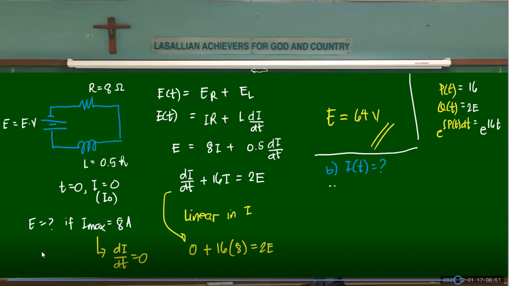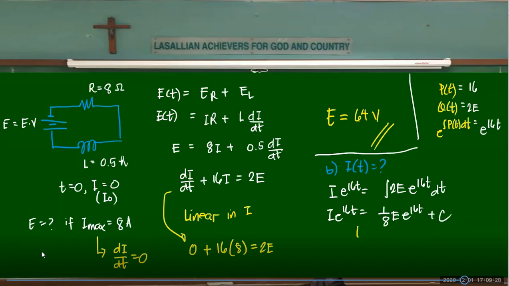Therefore, I e to the 16t is the integral of 2E e to the 16t dt, which is one over 8 E e to the 16t plus c.